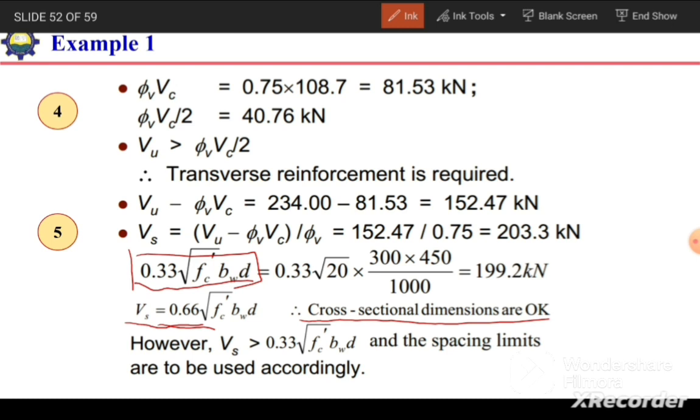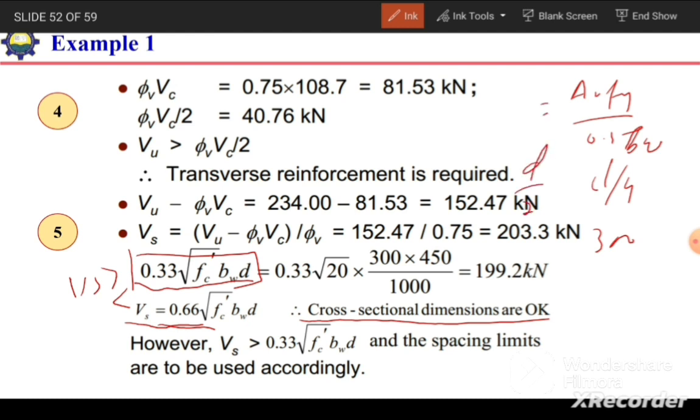spacing of stirrups. So if Vs is more than this value, its spacing limit will be Av fy over 0.33 bw, and d by 4 or 300 millimeter. But if it is less than this factor, in that case its value will be d by 2.